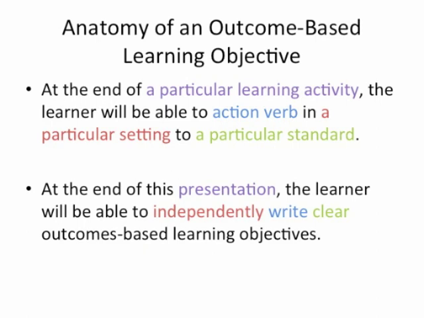In a particular setting, so wherever that case may be, to a particular standard. So if you look below, at the end of, for example, this presentation, the learner will be able to independently write clear outcome-based learning objectives, as an example. Do you think you could use that template in your situation to come up with outcome-based objectives? Is it clear enough?